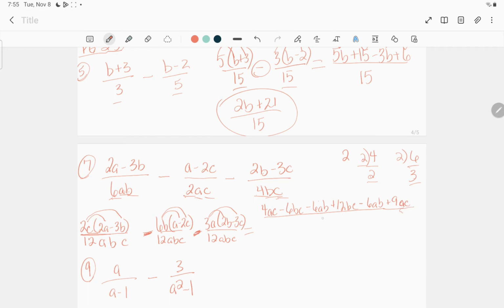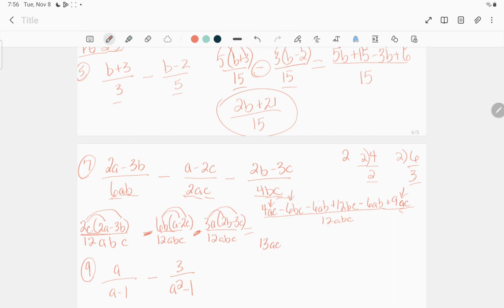Okay, and then that's all over 12ABC. Now I'm going to combine like terms. My first one is an AC, and then I have an AC down here on the end. Are there any other ACs? There's not. So that's positive 4 and a positive 9, which gives me positive 13AC.